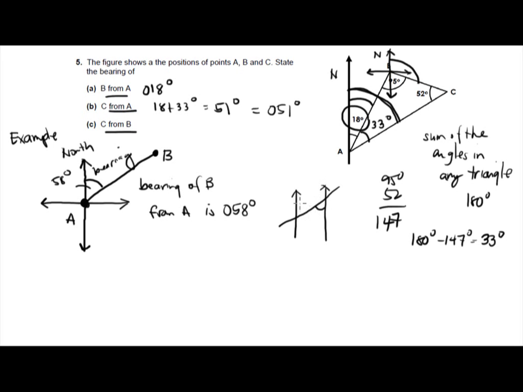So this angle is always equal to this, provided that these two lines are parallel. At the same time, this angle is equal to this angle. So for some problems regarding bearing, you need to find a way. Maybe you can use this idea.